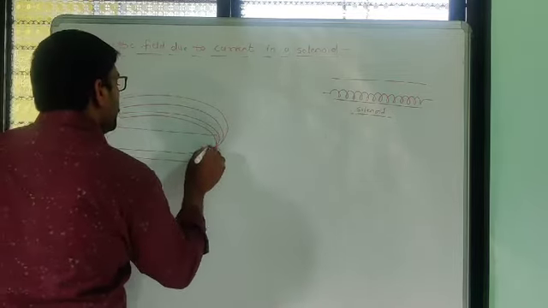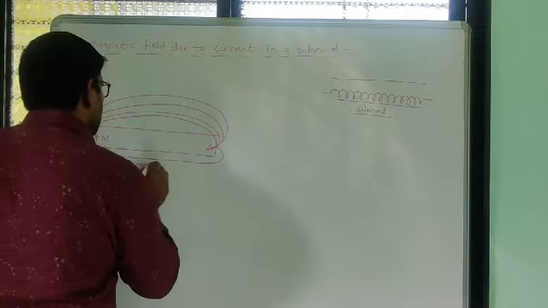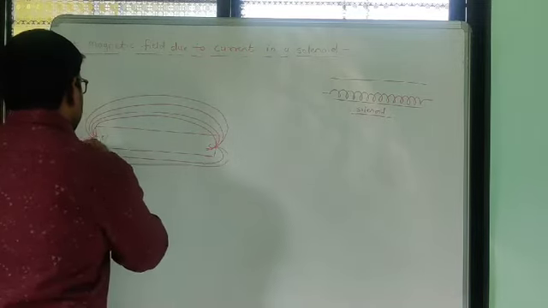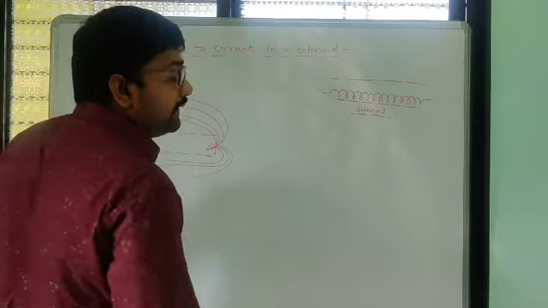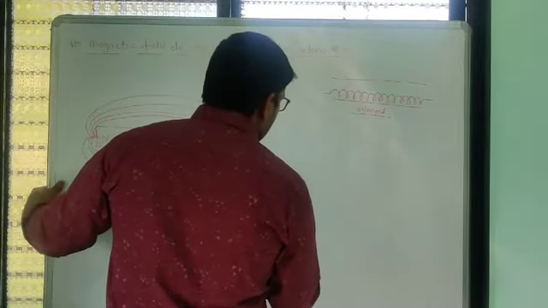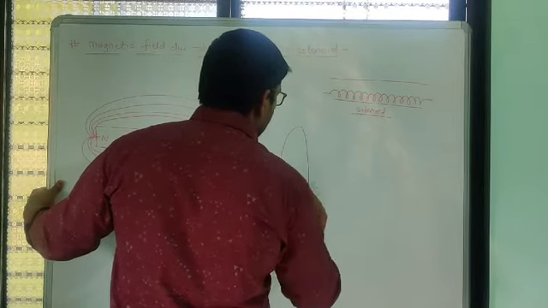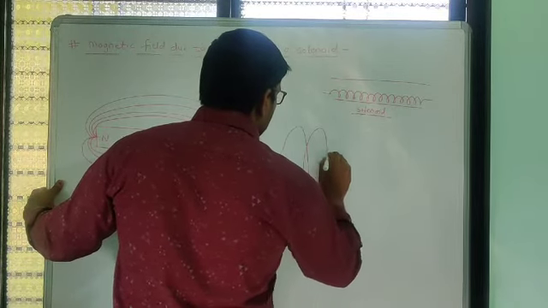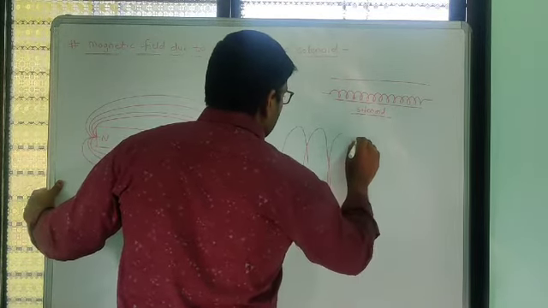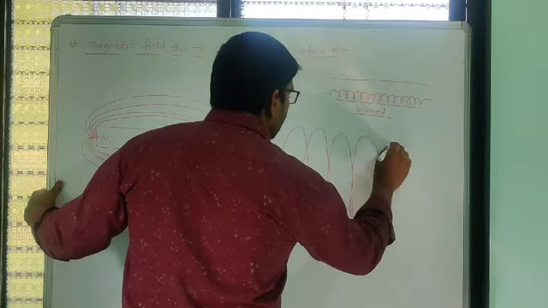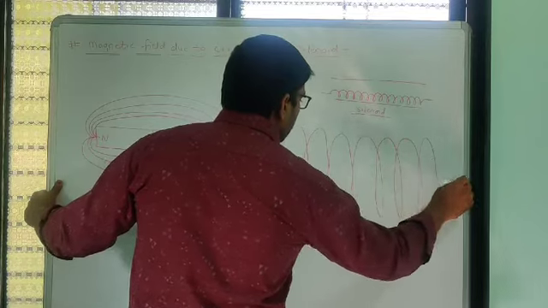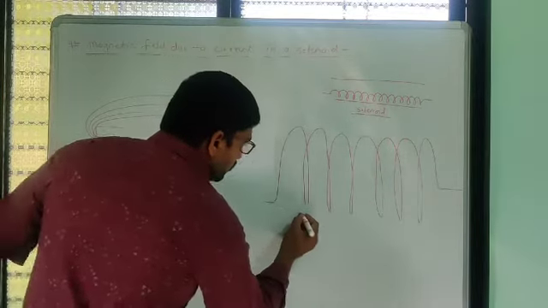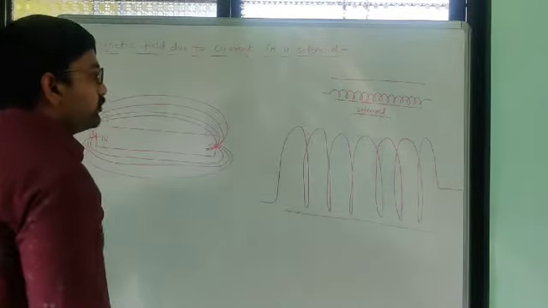In the same way, if we consider a solenoid and see the magnetic field around it, suppose this is one solenoid. These diagrams are given in our book. This much shape is our solenoid.